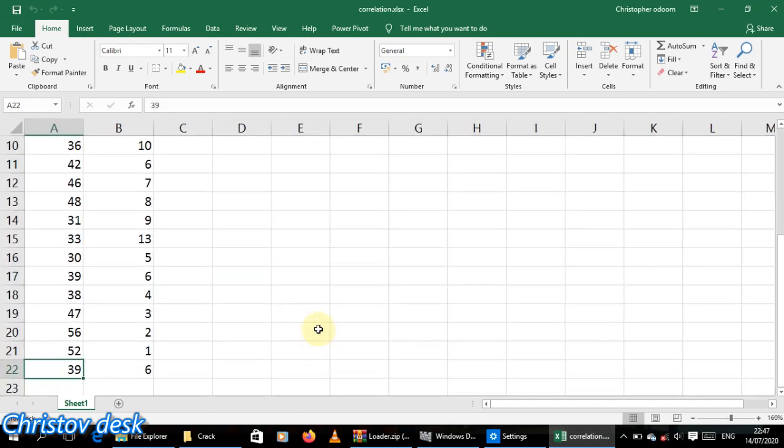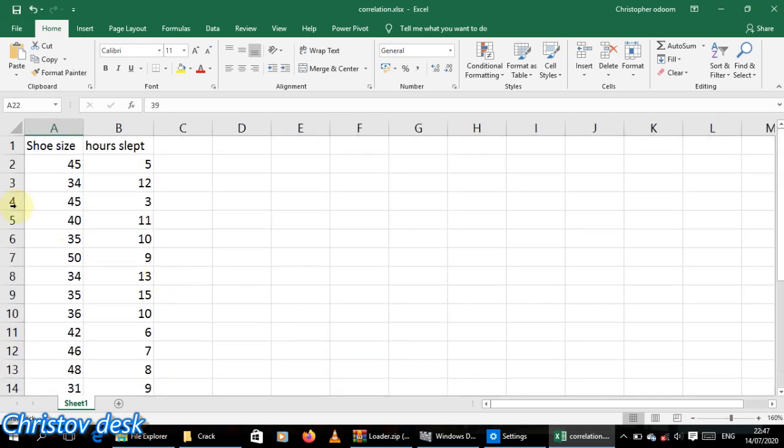It happens that the data we have is shoe size and hours slept. This was data that was collected, looking at the shoe size and the person's hours of sleep.